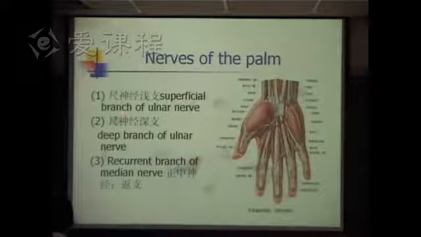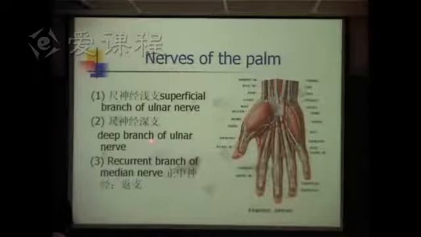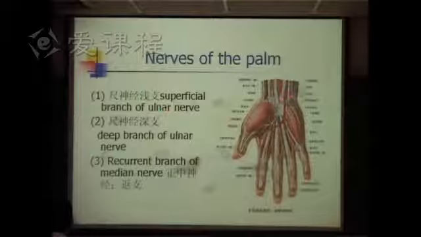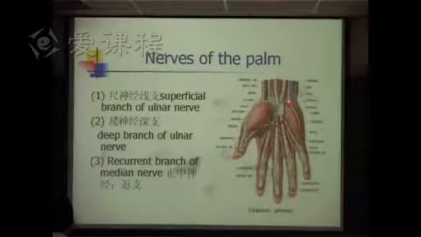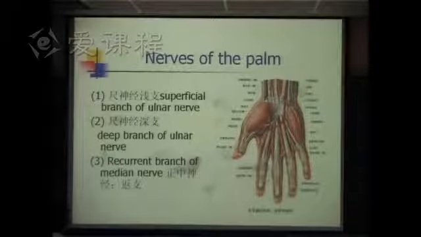And then the nerves. The nerves within the hand are the superficial branches of the ulnar nerve. It goes like this. This is the superficial branch of the ulnar nerve. It's divided into several branches to the fingers.